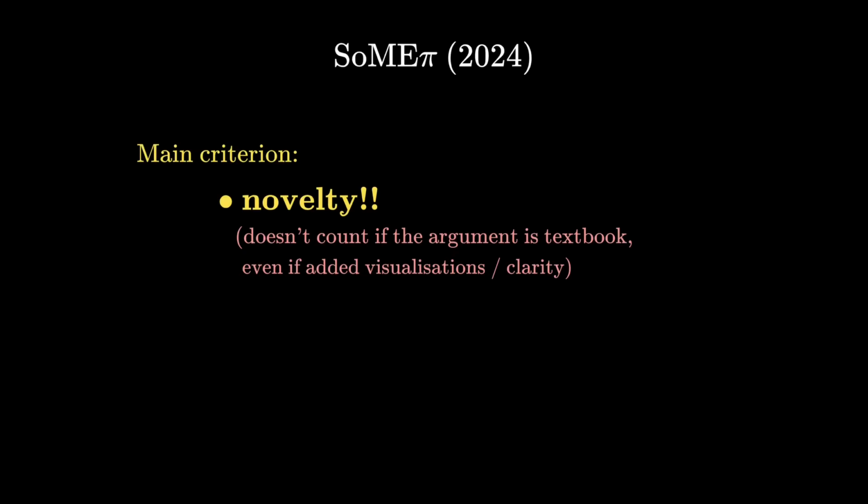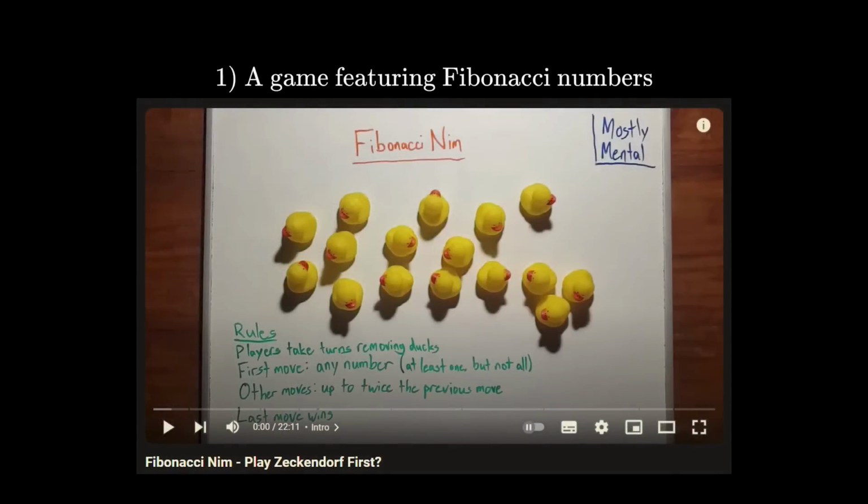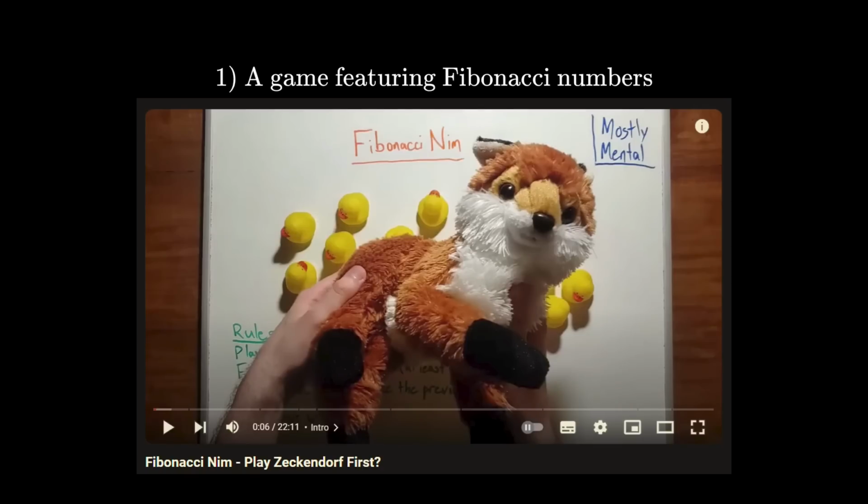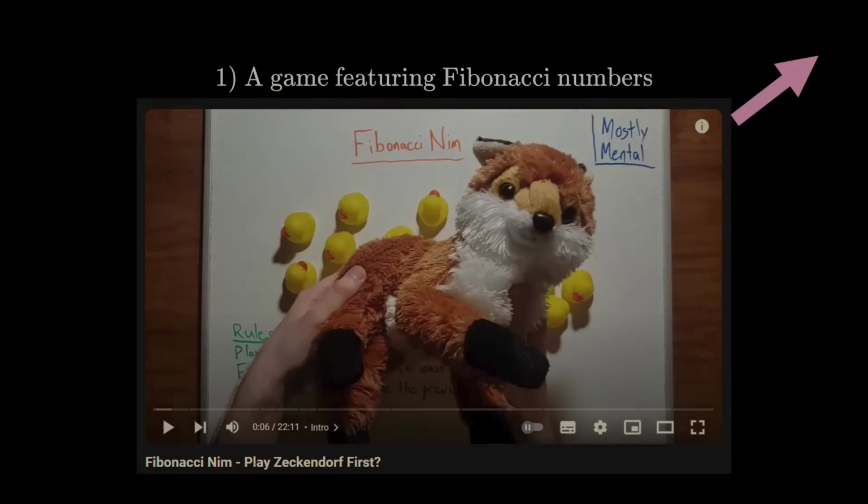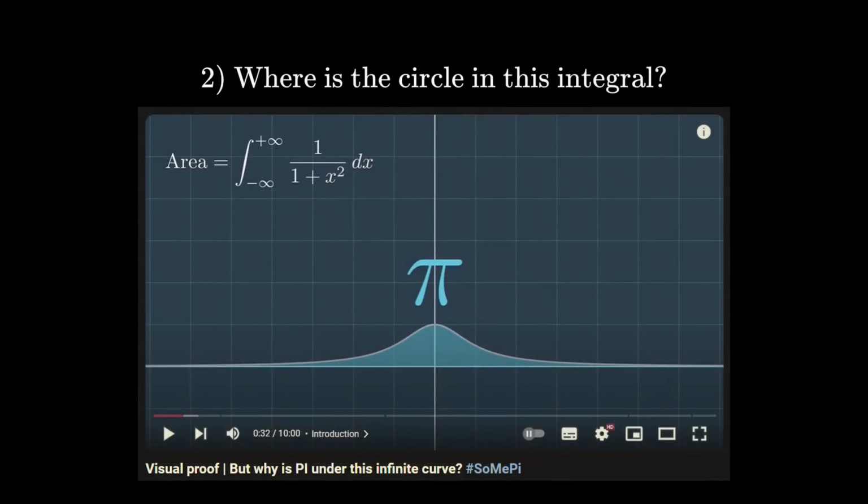With that, my absolute favorite is a video on a game that features Fibonacci numbers. It was very satisfying to see Fibonacci come out, and also, Aurora is so cute. Link in the card above and in the description below. The other 4 are mainly new ways of looking at well-known results.